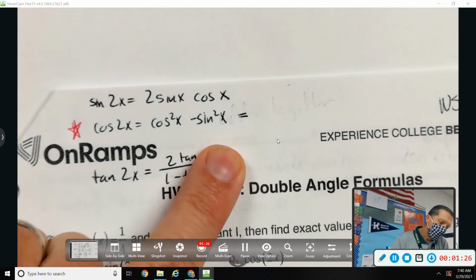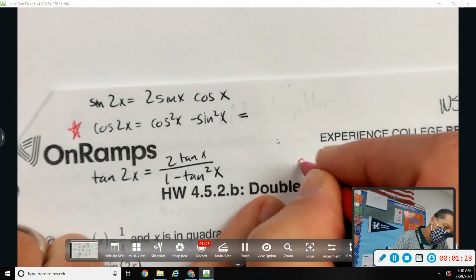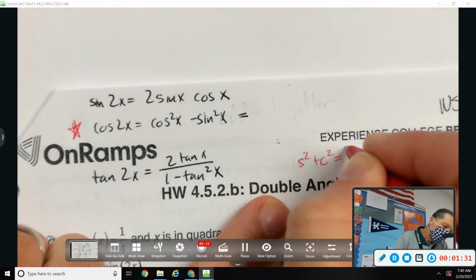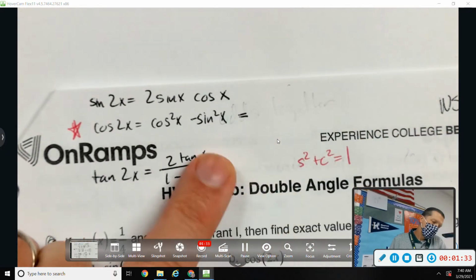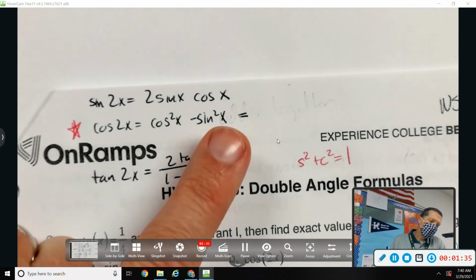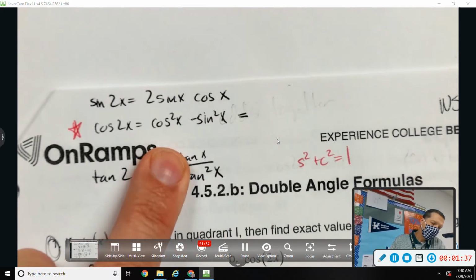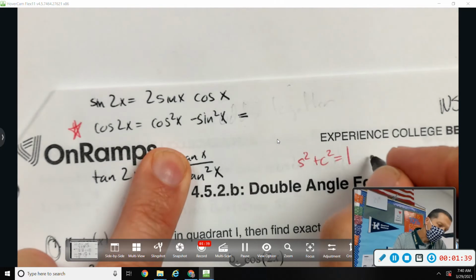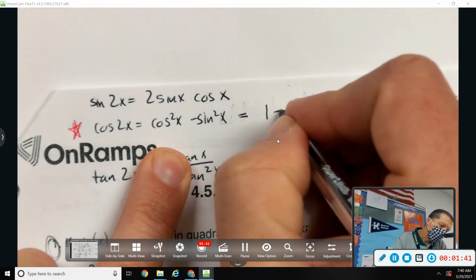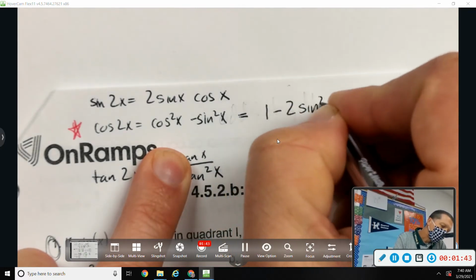Sine squared plus cosine squared equals 1. We already did one of these. If we replace cosine squared with 1 minus sine squared, then we get 1 minus 2 sine squared of x.